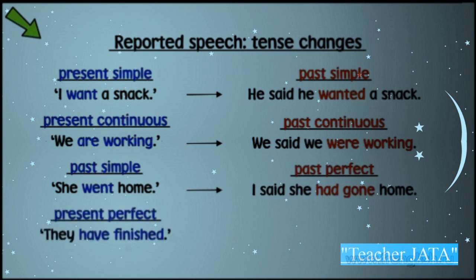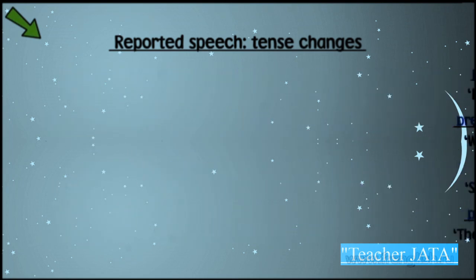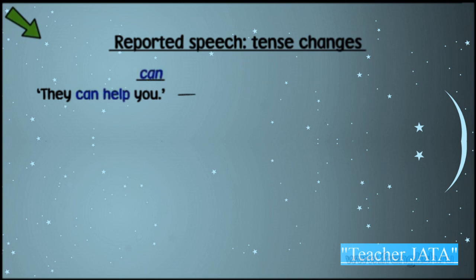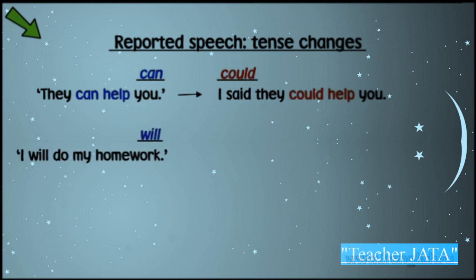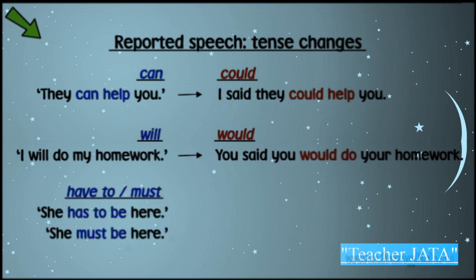The present perfect also changes to the past perfect. Can changes to could. Will changes to would. Have to and must both change to had to.